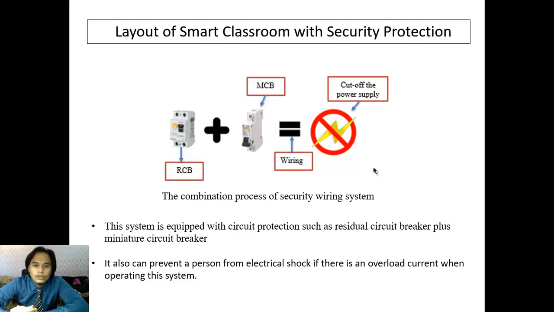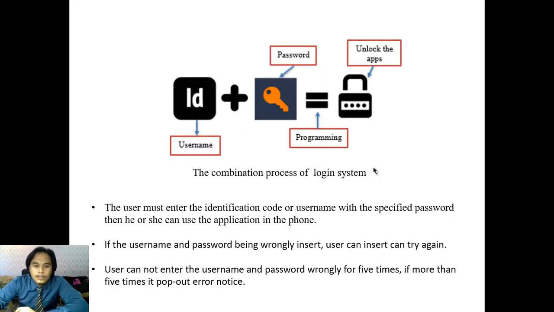I will add some RCB and MCB to cut off the power supply. The next is that I will add a username and password if you want to open the app on the phone. If the username and password are wrongly inserted, the user can try again. But if they are wrong 5 times, it will pop up an error notice.